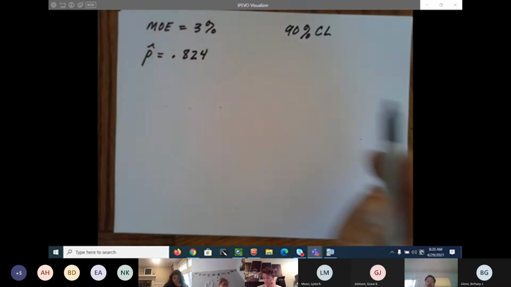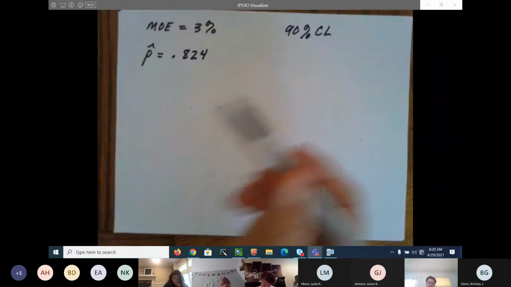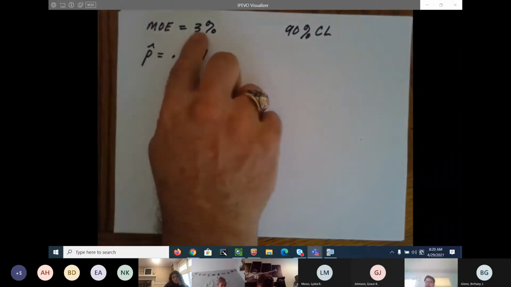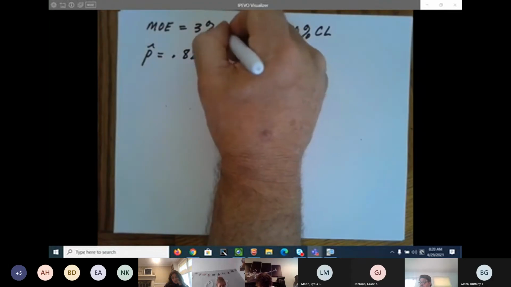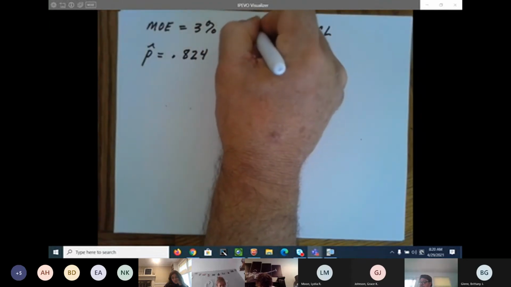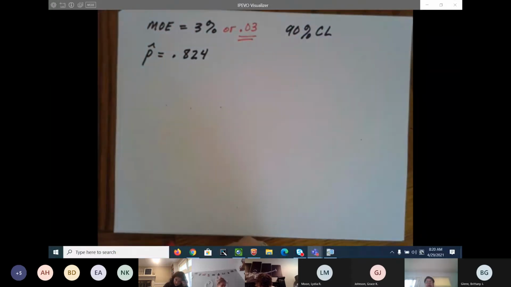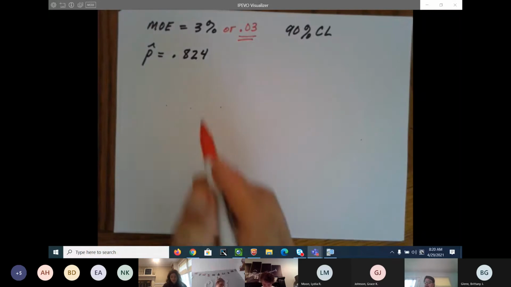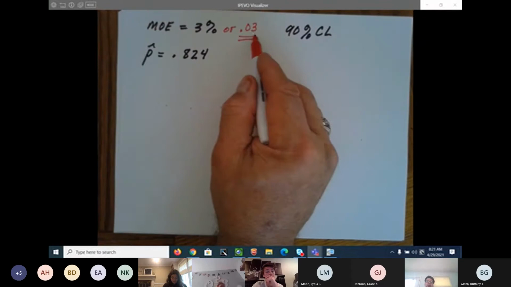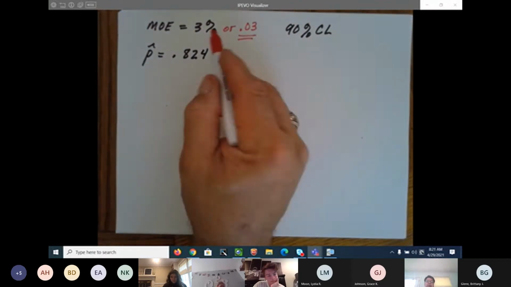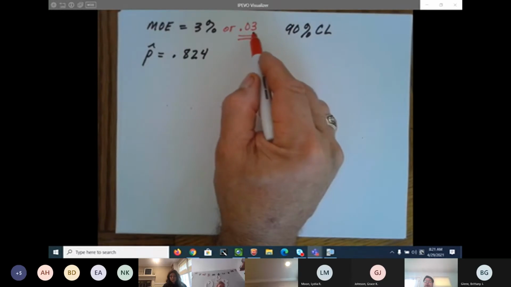I'm not going to write all the words like in the paragraph. I'm just going to talk about these three things. This may be given as a percent, or it may be given as a what? A decimal. The decimal is what you're going to use in the formula. Write that down. You can't use percent in a calculation. You have to change it to a decimal. Sometimes the question will give you 3%. Sometimes it will give you 0.03.